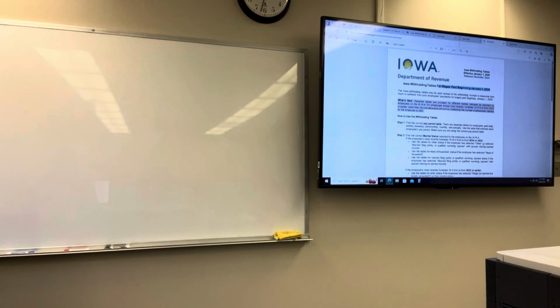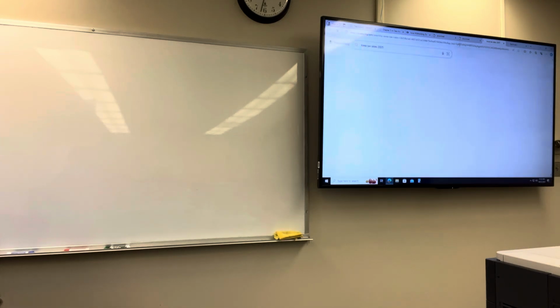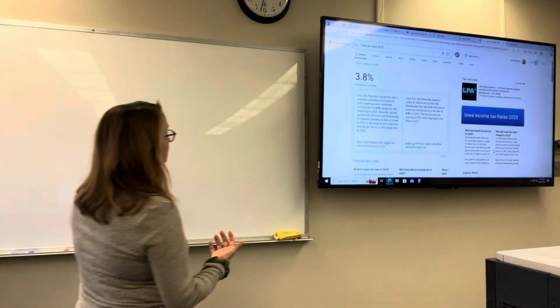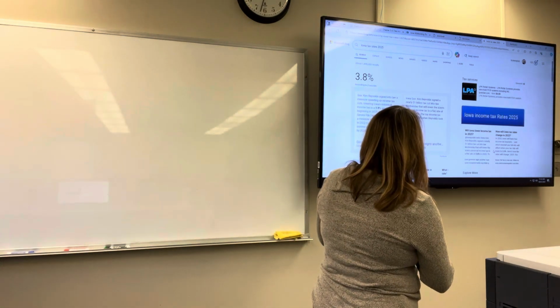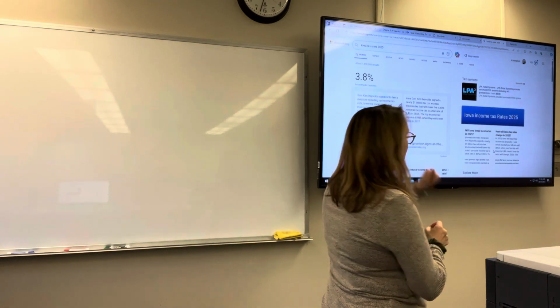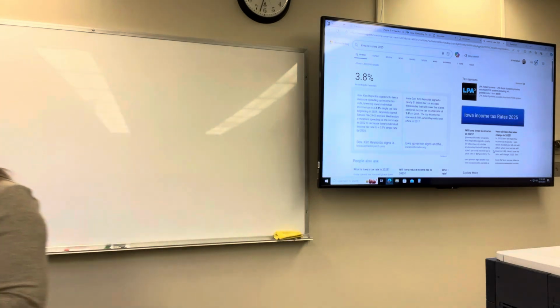Let's find out, shall we? All right, so 2025, starting in January. I did not know that. I thought it was going to take longer than that. We are decreasing to a flat rate of 3.8% starting in 2025.